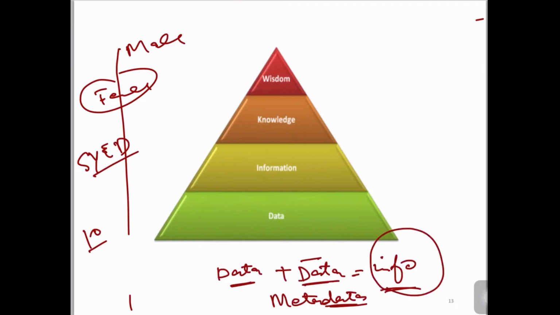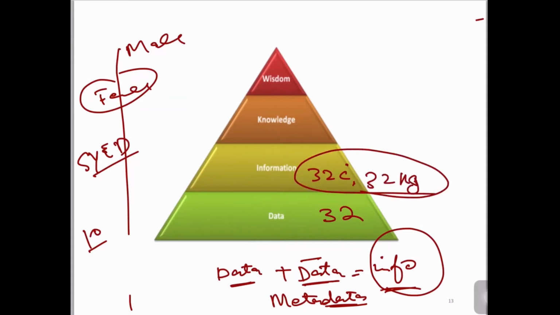So 32 was not providing us much information. When we say 32 C or 32 kg, then it's more meaningful, right? This is how we differentiate data versus information.